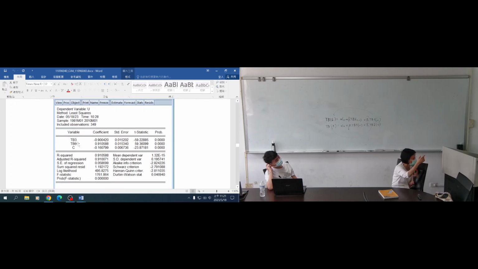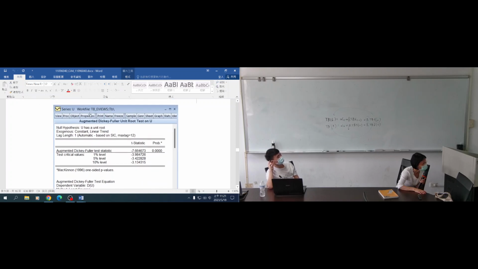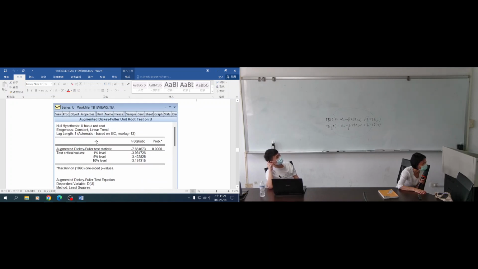So what do you mean by using TB3 and TB6? What is this for? I'm not sure either. Well, this U is the residual for model A. Using this U to do the unit root test, to see if it passed the unit root test, that means reject the null hypothesis, then it's stationary, co-integration test fulfilled.